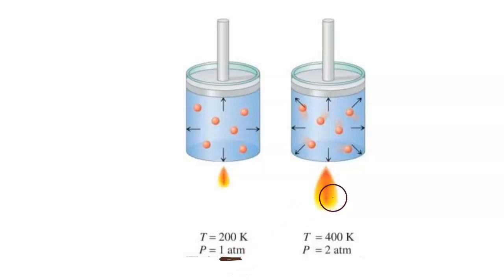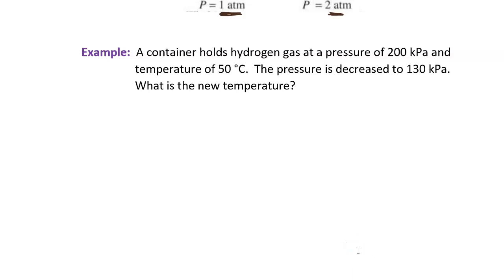Let's increase the size of the burner flame so that the temperature changes to 400 Kelvin. That's going to cause the particles to hit the sides of the container more forcefully, increasing the pressure to 2 atmospheres. Let's try an example problem in which we'll use Gay-Lussac's law to solve the problem. And we're going to use our problem-solving technique of labeling as we read.